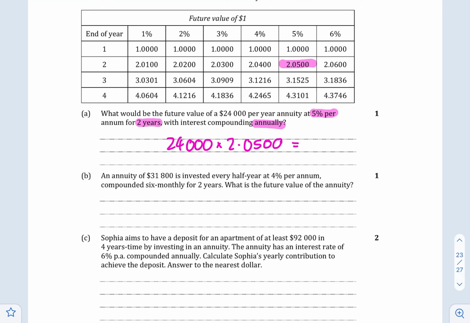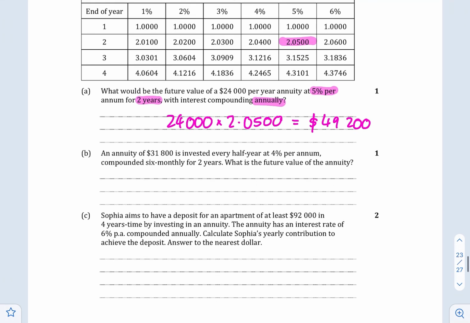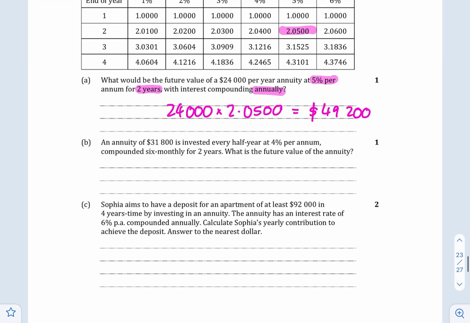And if we do that, 3 zeros times 2.05, we get $49,200, and that's how much has been contributed per year. And if they do that, we end up with $49,200 at the end of the 2 years.